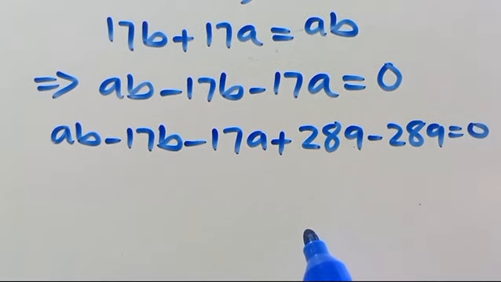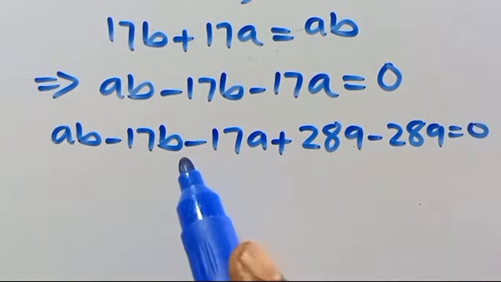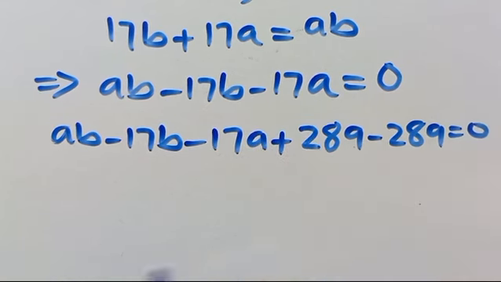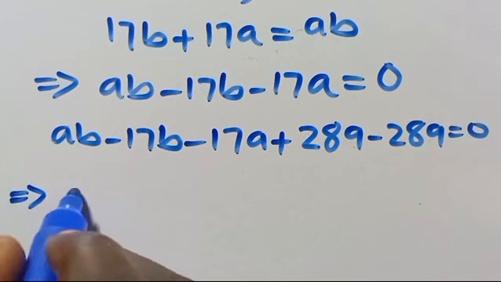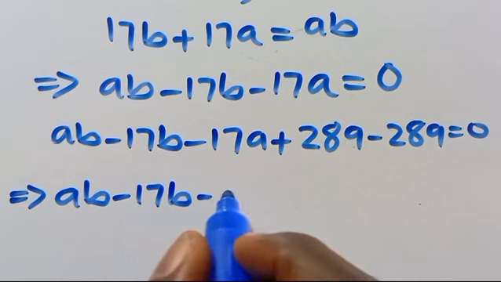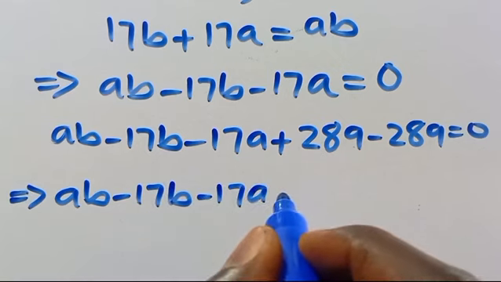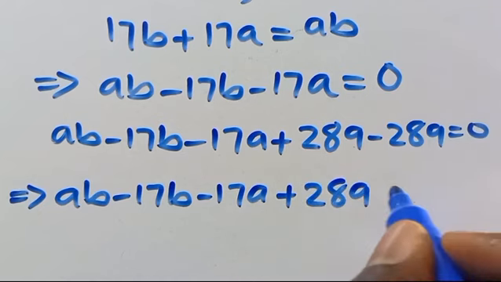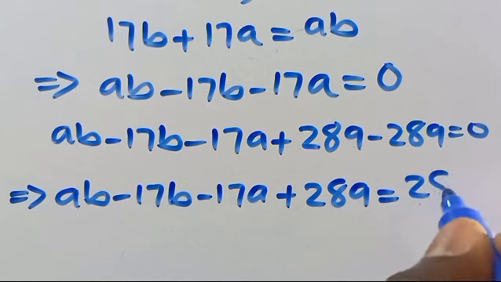We can see that this has nothing to do with what we had previously, because this side will give us 0, we still have this back. So from here, we have ab minus 17b minus 17a plus 289. Taking this one to this side, we have 289.